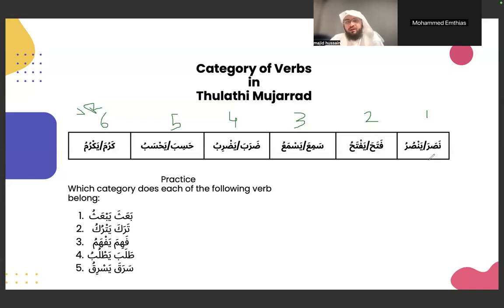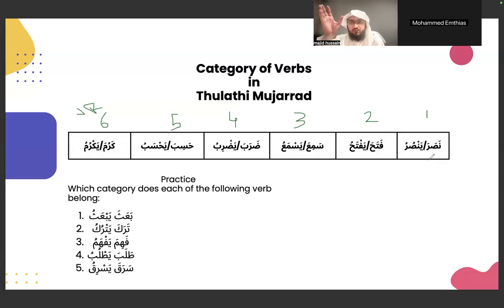So there is not one specific way for the verbs of Thulathi Mujarrad. It keeps on changing. This has been found from the way they listened to the Arabs and the way the Quran has used it. So what those scholars did is make six different categories from the Thulathi Mujarrad past tense.